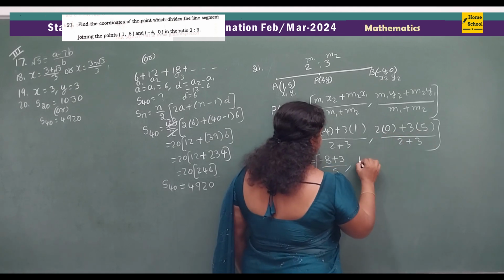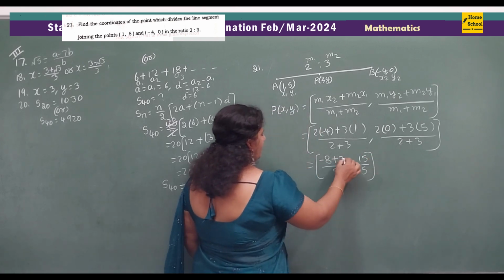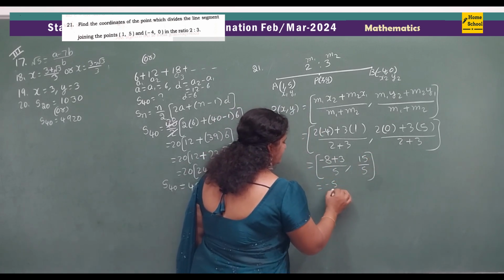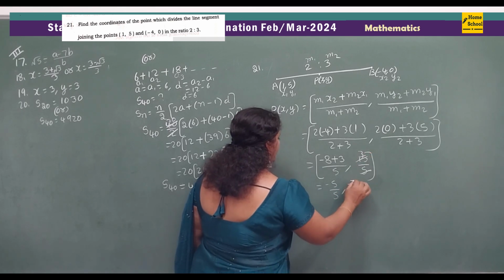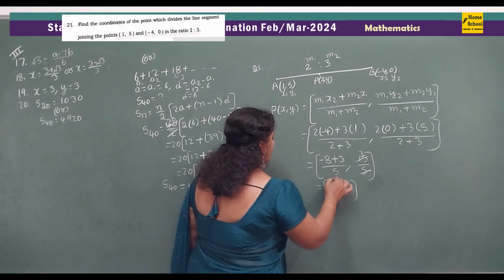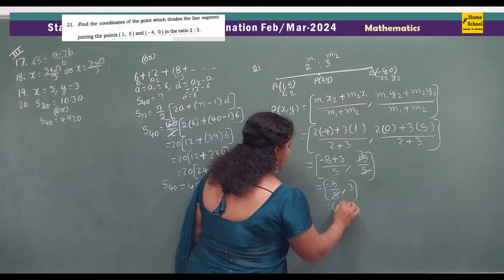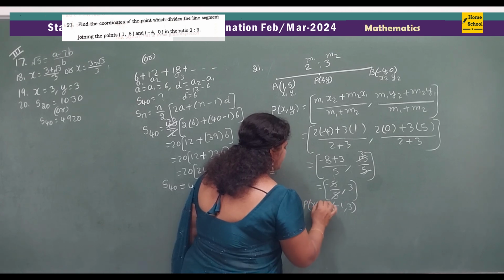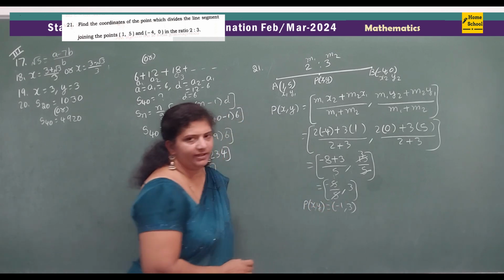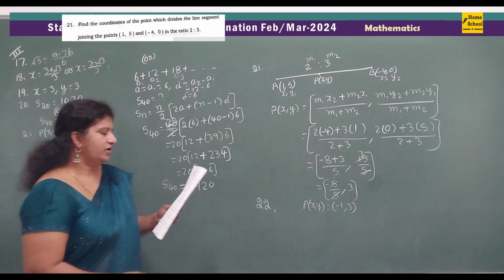Plus 5 threes are 15 by 5. Okay. Minus 8 plus 3 will be minus 5 by 5, and 15 by 5 is 3. So finally you are going to get (minus 1, 3) as your line segment division coordinate. Right? 22nd one.